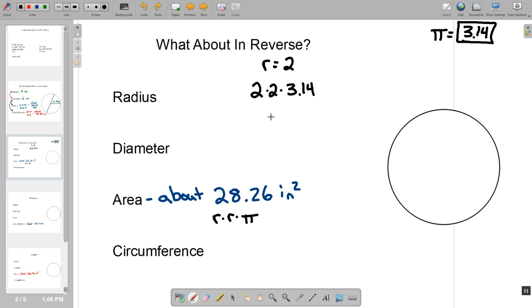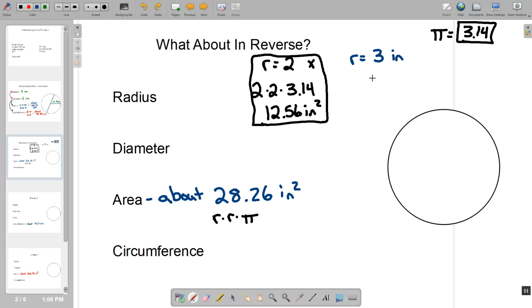And I get 12 and 56/100 inches squared, which means 2 did not work. So now I'm just going to try a new number. So let's try 3. I better label it this time. So now I just do 3 times my decimal approximation for pi.